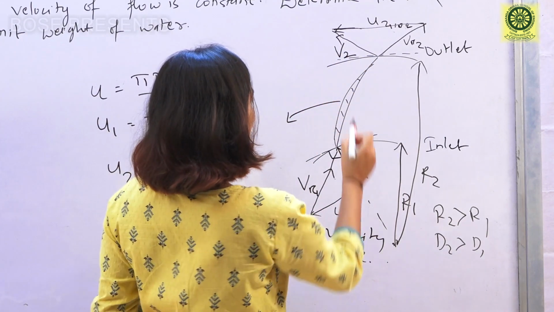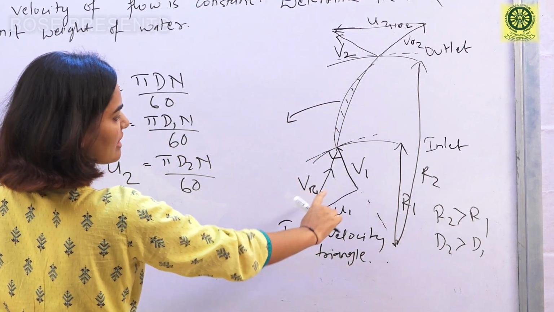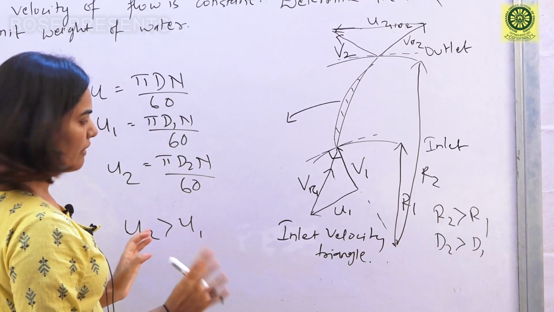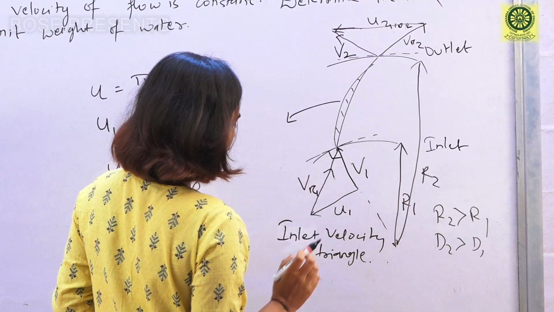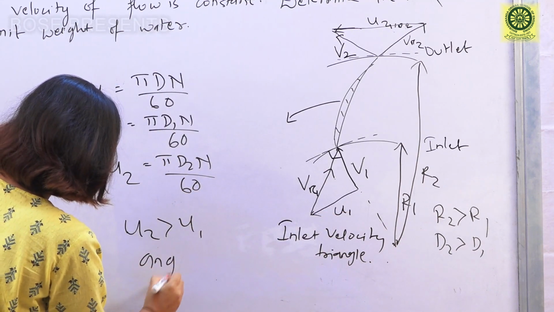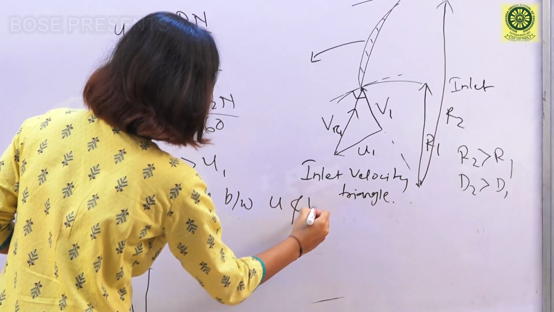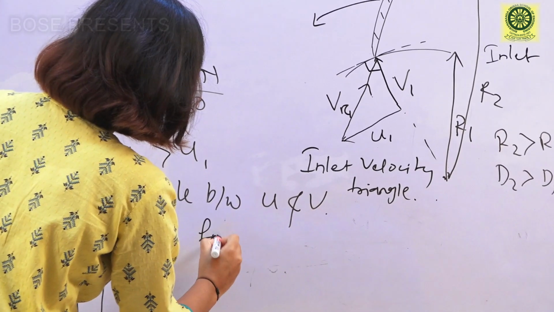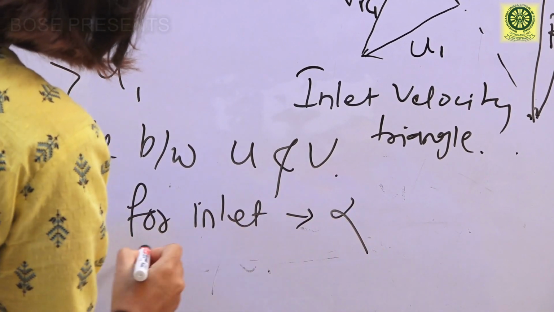Another important thing is the angles between the velocities. First is the angle between U and V. For inlet, this is denoted as alpha.